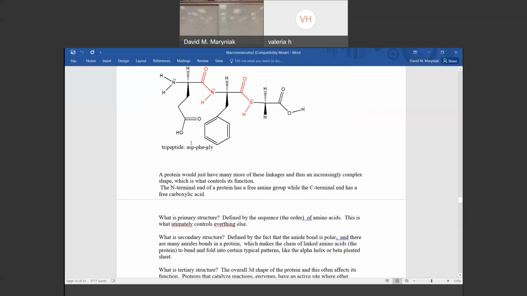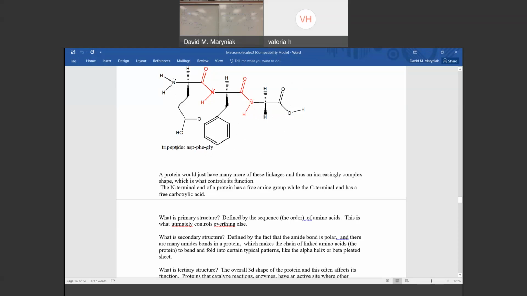So this R group, which is derived from aspartic acid, is the N terminal. This R group, which is derived from glycine, is the C terminal. And this R group, which is phenylalanine, is neither N terminal or C terminal. It's in the middle. So we would call this tripeptide asp-phe-gly.